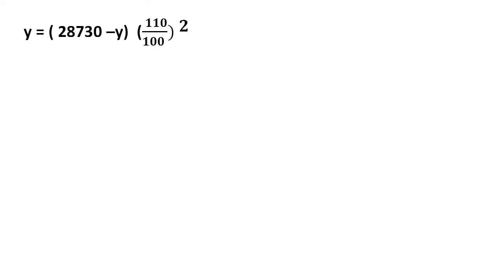In the next step, Y is equal to 28,730 minus Y into 1 plus 10 by 100, after taking LCM, it will be equated as 110 by 100. Cancel the zeros. Hence you will get the value (11 by 10) whole square.